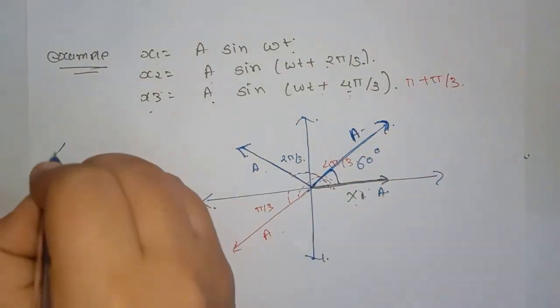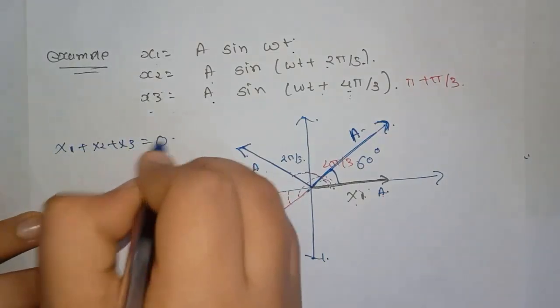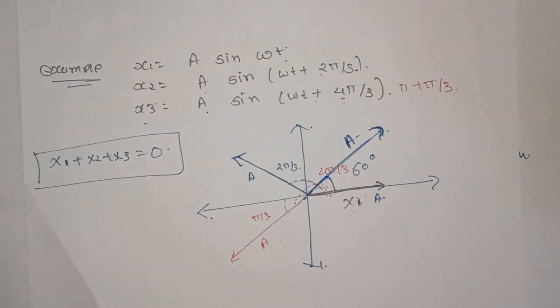So the resultant of x1 plus x2 plus x3 will be equal to 0. In this way, we can use the vector method or the phasor method to find the combination of SHM.